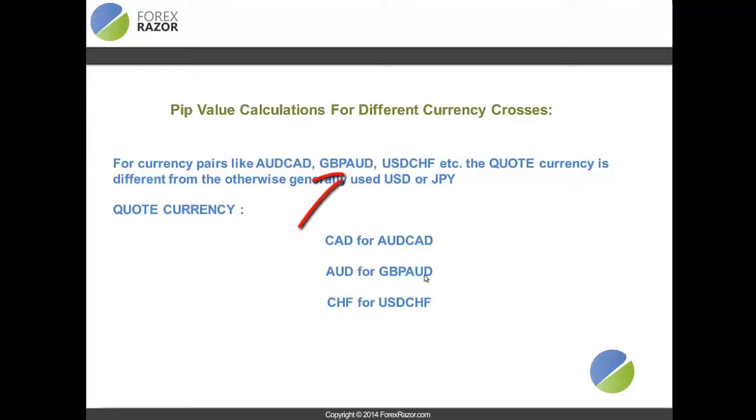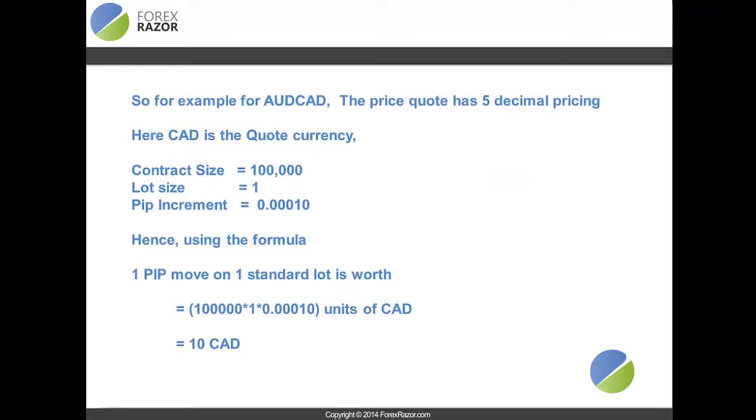For GBP AUD, Australian dollar is the code currency. For USD CHF, the Swiss franc is the code currency. However, the general formula for calculating the pip value for any of these currency pairs remains the same. Using the same formula for any of these crosses, we shall be able to calculate the pip value for any of them.